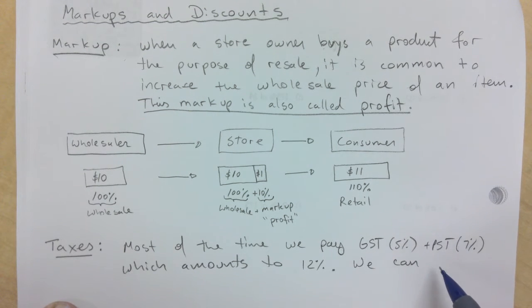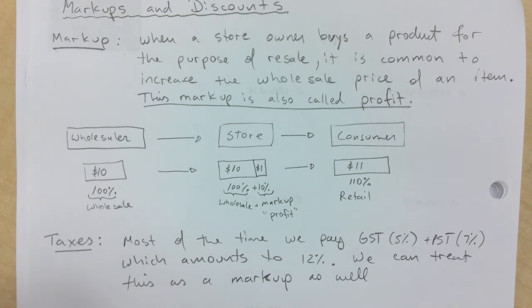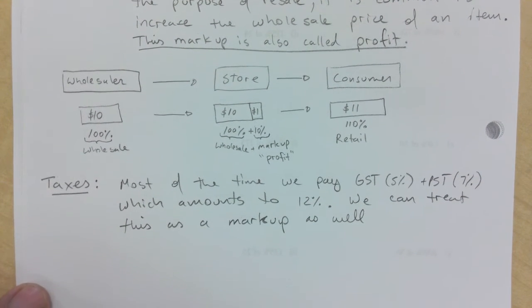We can treat this as a markup as well. Think about it. The government is essentially adding 12% to what you saw on the shelf. So you can call it a markup as well.